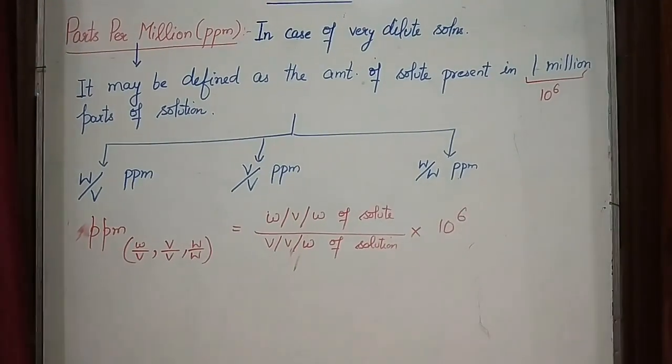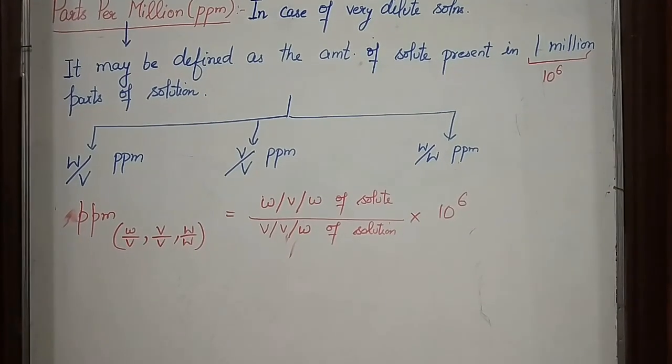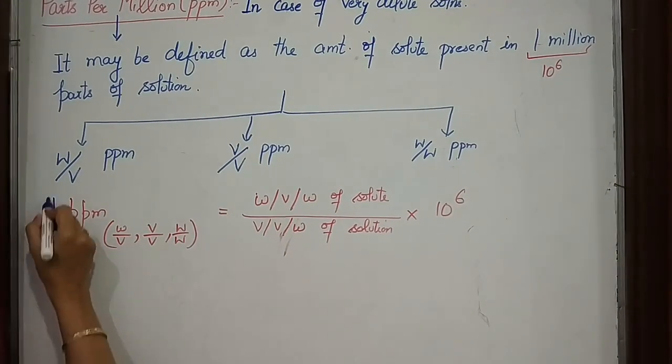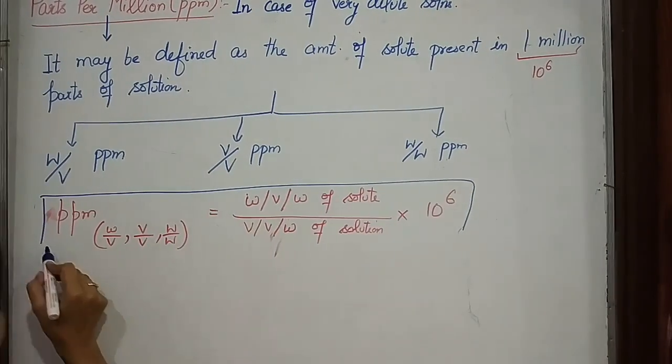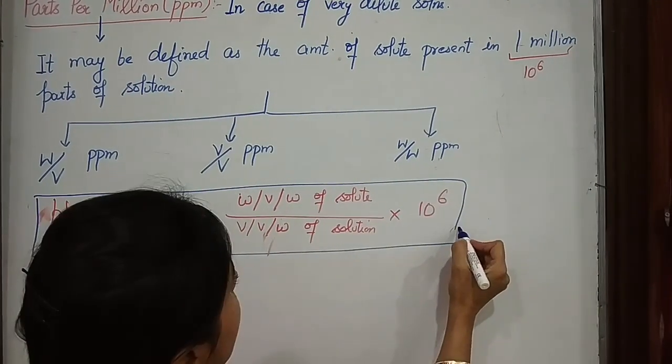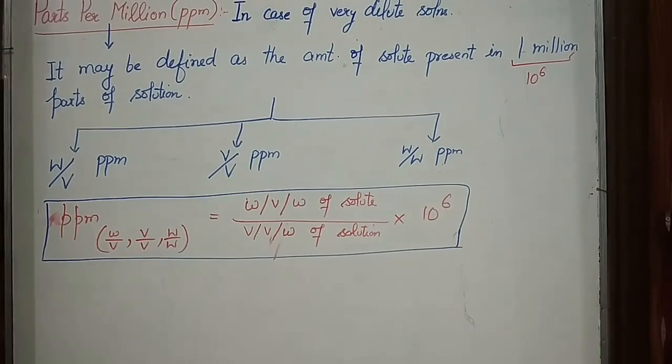So this is the general expression for expressing the ppm of solute in terms of mass by volume, volume by volume or mass by mass.